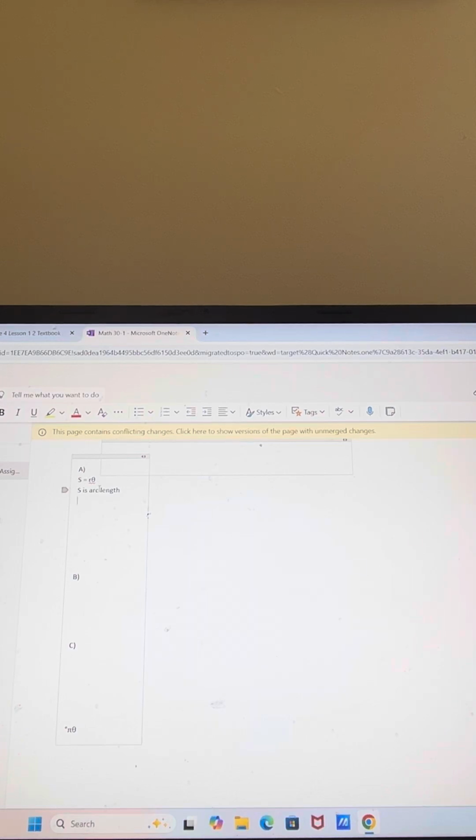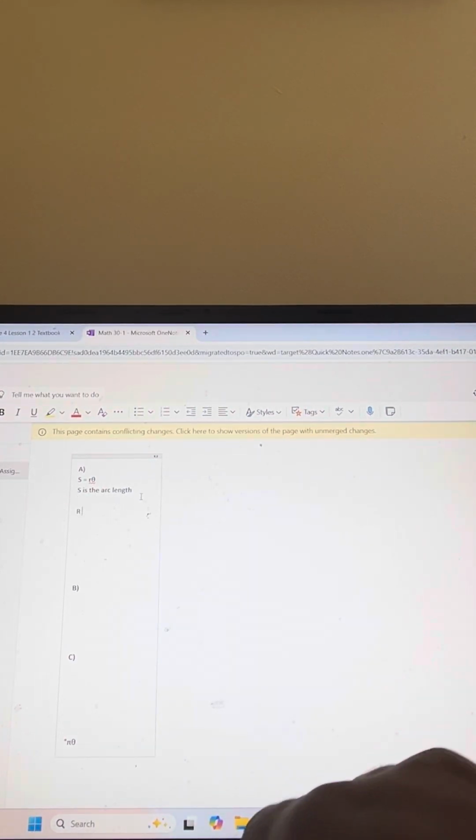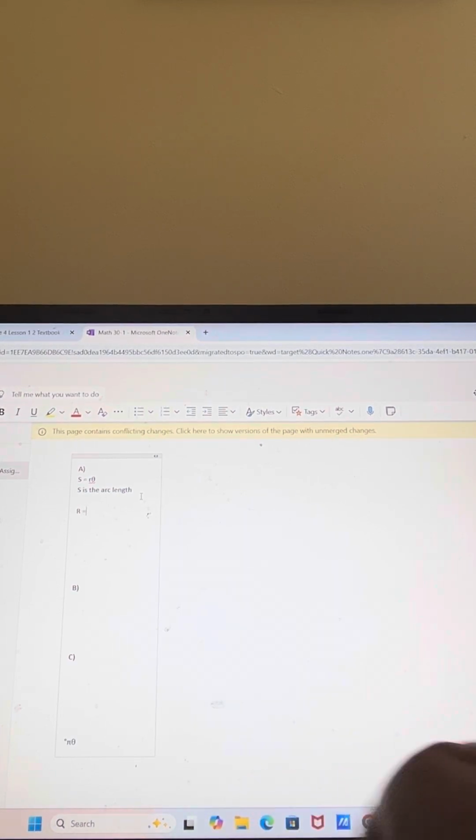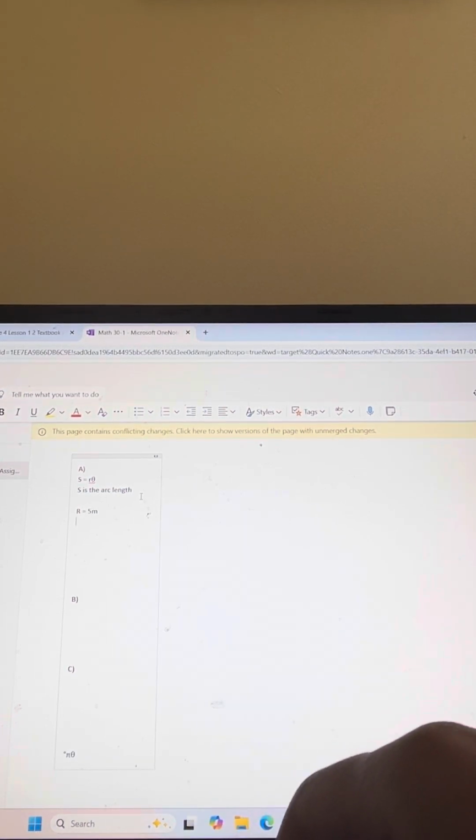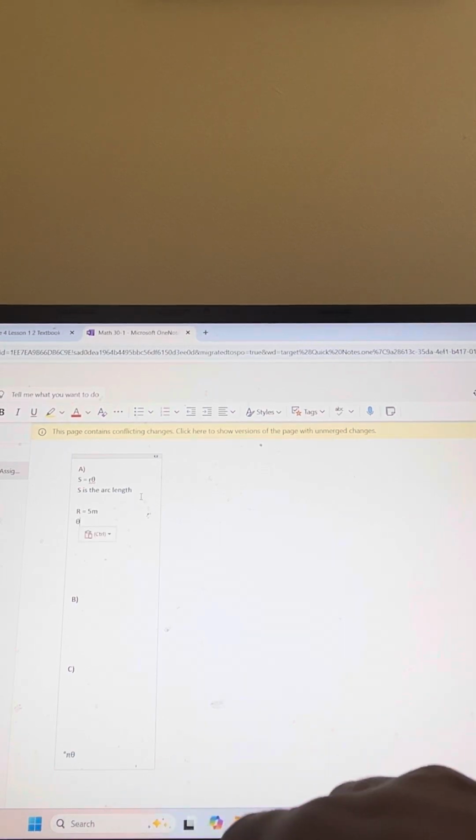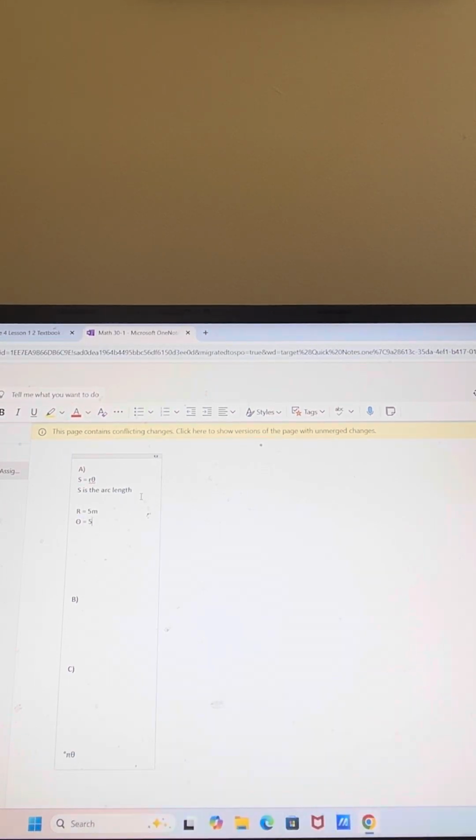We have to find our arc length. And let's say we have S as our arc length. And from here, we know that R is equal to 5 meters, as said in the question, and theta is equal to 5 pi over 3.